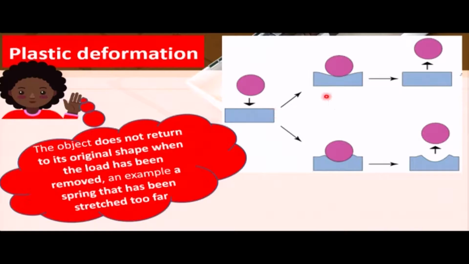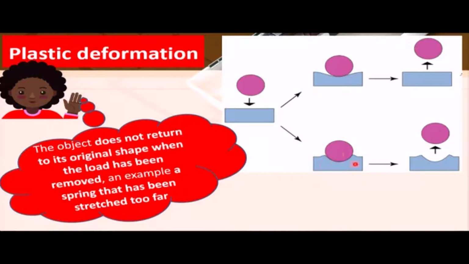So this is a diagram that I want you to see. Here we have two things. A mass, a load, is exerted on this surface, and it is changed. When the mass is removed, it is restored to the original, normal shape.